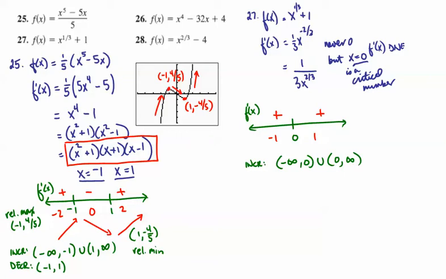Now what happens at x equals 0 that it's not increasing any longer? A couple of things could happen. We could have a sharp turn there, or we could have a, since the function is defined at 0, we either have a sharp turn or we have a vertical tangent there. One of those two things happening.